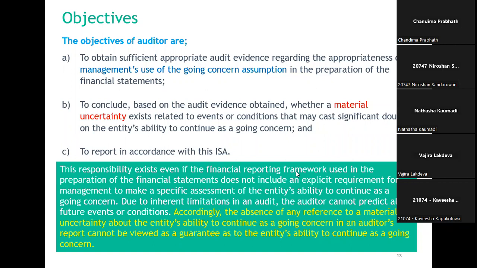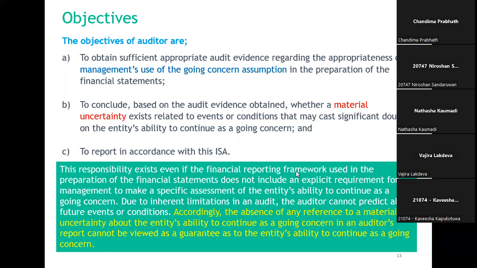So first we have to obtain sufficient appropriate audit evidence regarding the appropriateness of management's use of going concern, and then to conclude, based on the audit evidence obtained, whether material uncertainty exists related to events or conditions that may cause significant doubt on the entity's ability to continue as a going concern. The concept of material uncertainty we will discuss as we go on.